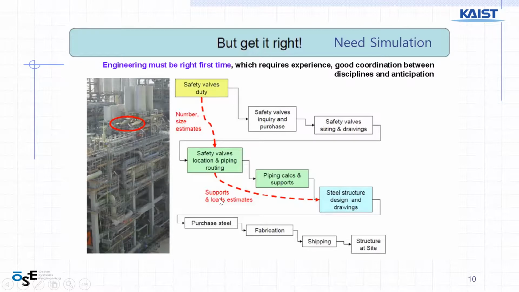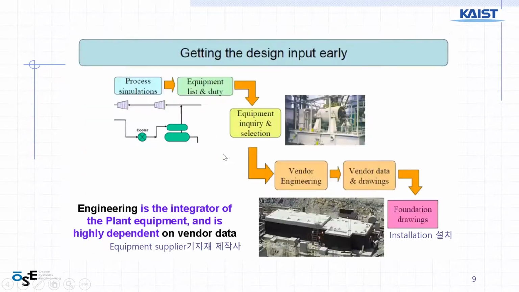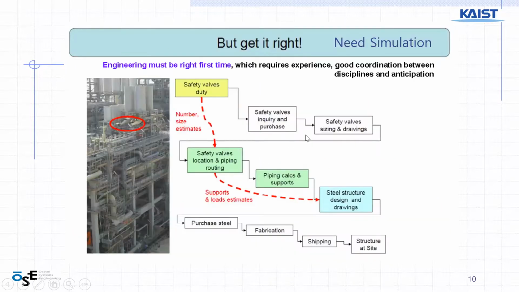But if there are some problems, say the number of valves or size of the valve is changing because of, say, process simulation or because of the installation foundation, there are many cases of different changes. Then you need to do the same thing again with different changes. So it can take another cycle of work.